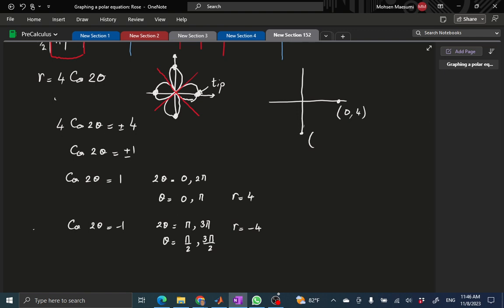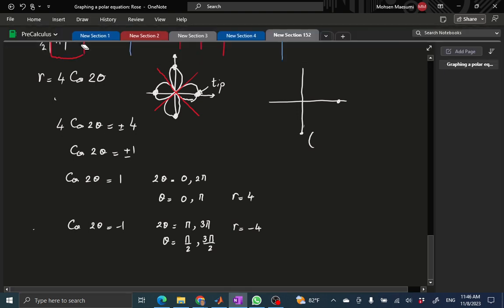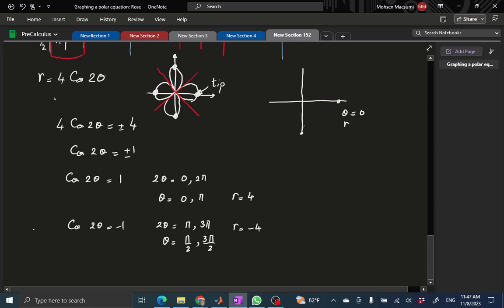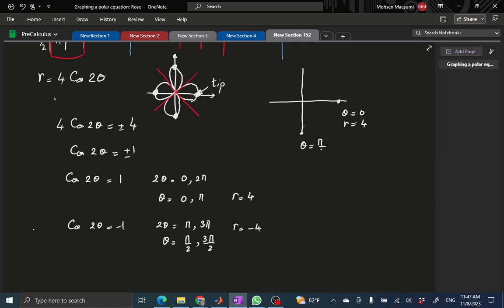So my next location, let me write the individual variables so that we don't confuse it with Cartesian coordinates. If theta is 0, r is equal to 4. Then when theta is equal to pi over 2, r becomes minus 4. So while we are pointing this way, r is negative, and therefore we end up at this location.